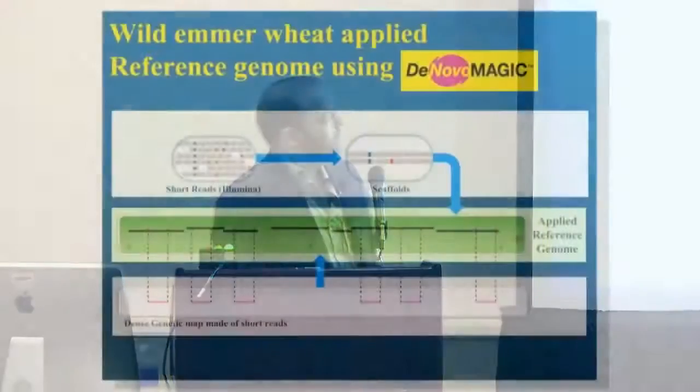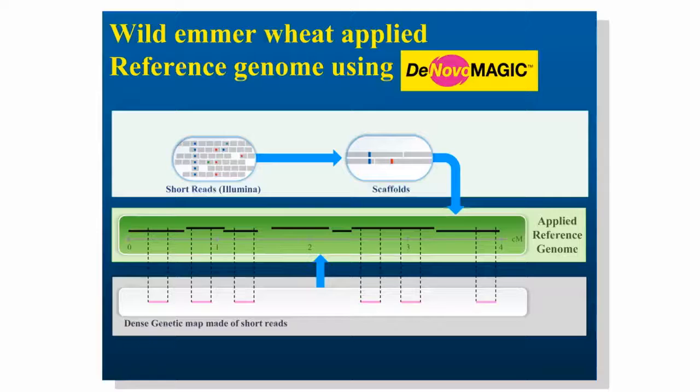So we were quite happy with this genomic view and the map, and decided with Energene to move forward and sequence the wild wheat genome. And this is a project that we initiated. And the strategy is very simple.